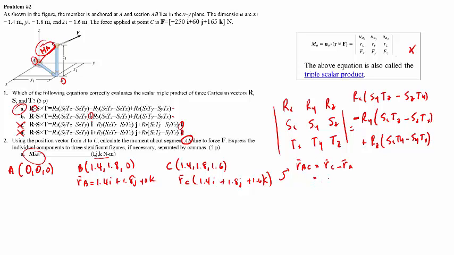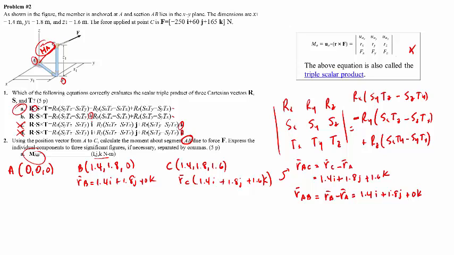And so that vector RAC would be 1.4i plus 1.8j plus 1.6k. And my vector from A to B is going to be RB minus RA, which is going to be 1.4i plus 1.8j plus 0k.